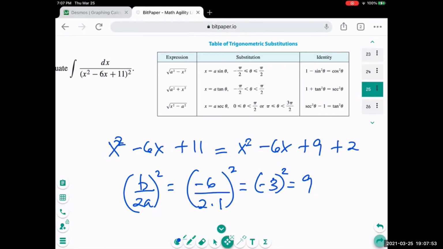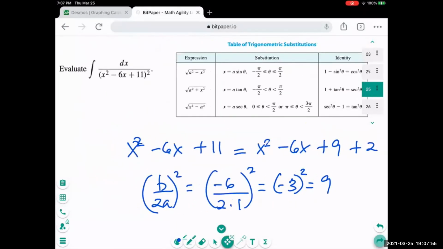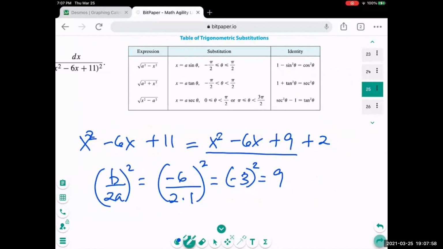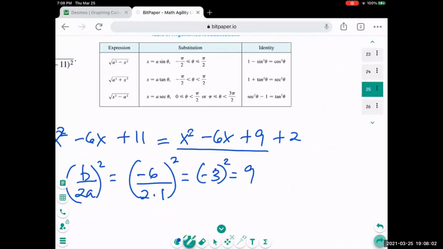So now the first three terms is a perfect square trinomial. So this will be equal to x minus 3 squared plus 2. Right? So, ibig sabihin, pag pinag-expand mo itong nasa loob ng parentheses, this will give you this first three terms ng ating polynomial. So, x squared, 9, and then negative 6x.